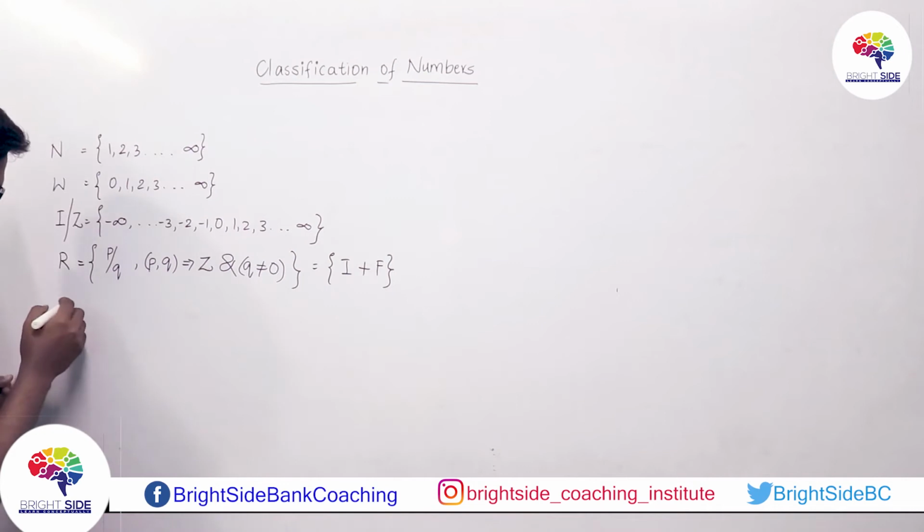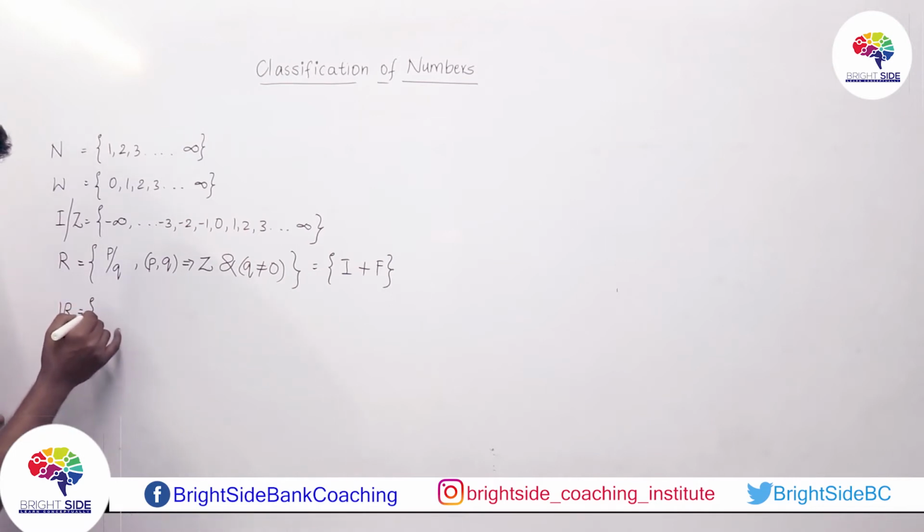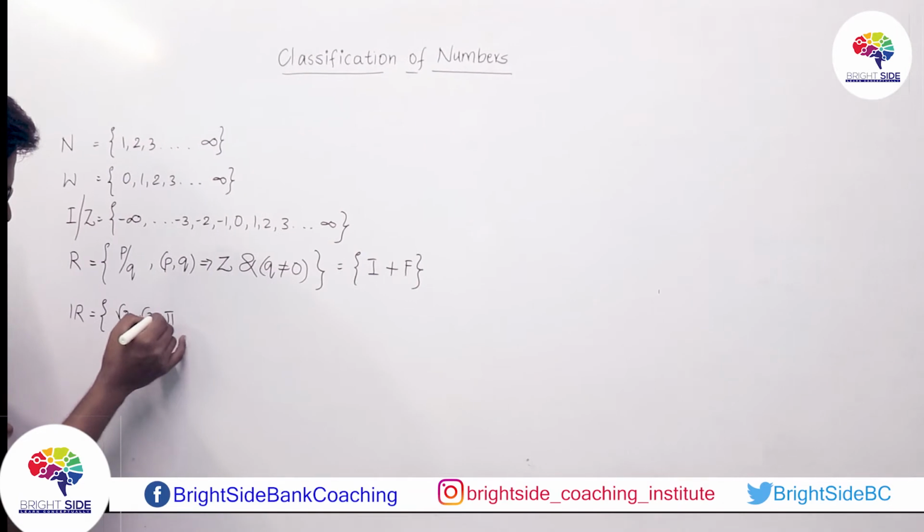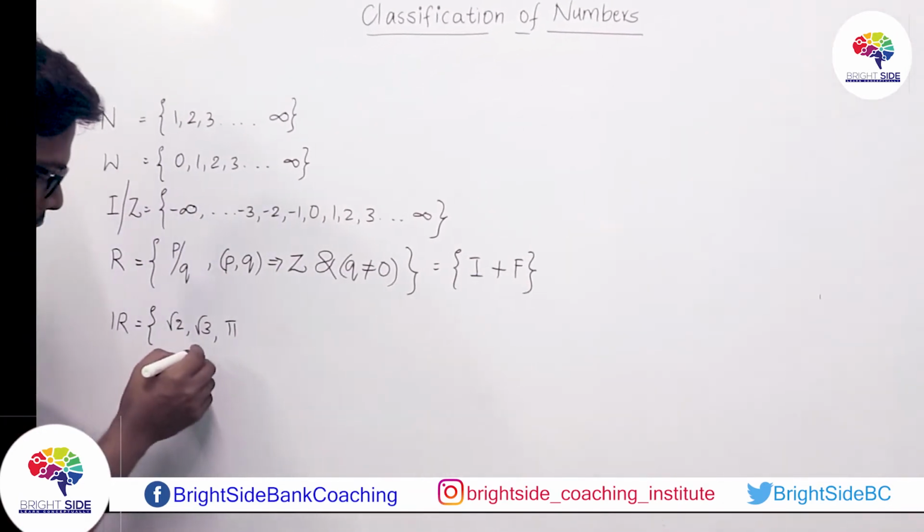The next classification is irrational numbers. An irrational number is a number of this sort: root 3, root 2, pi. Such numbers are called irrational numbers.